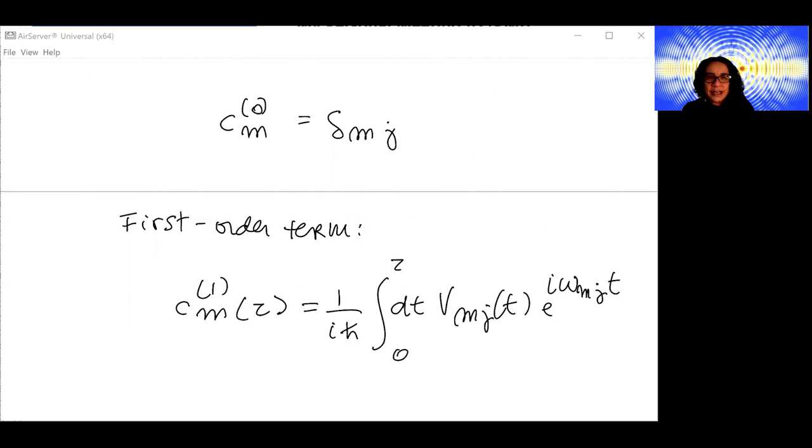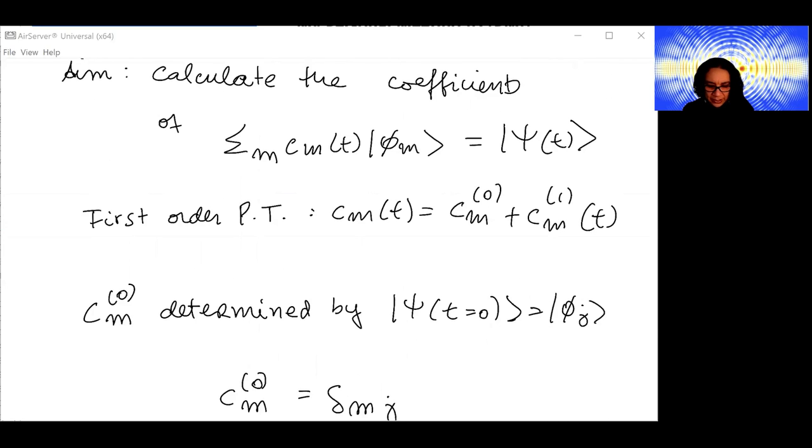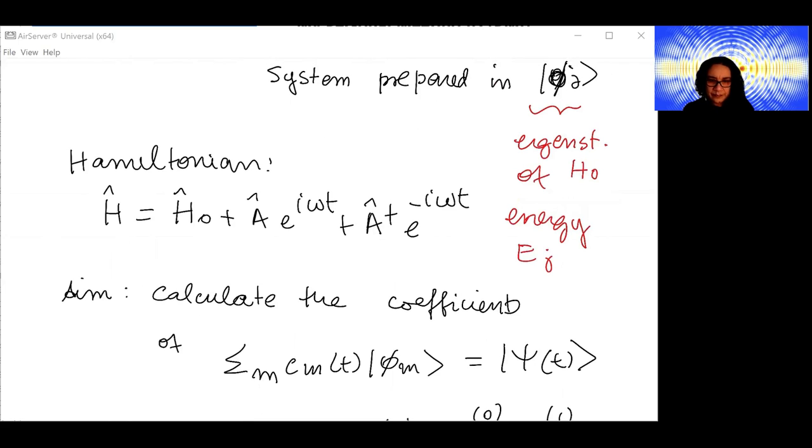And what we would like to do is, we have this expression here for V. So we need to calculate our matrix elements between our eigenstate phi_m, which is our final eigenstate, and the eigenstate phi_j.